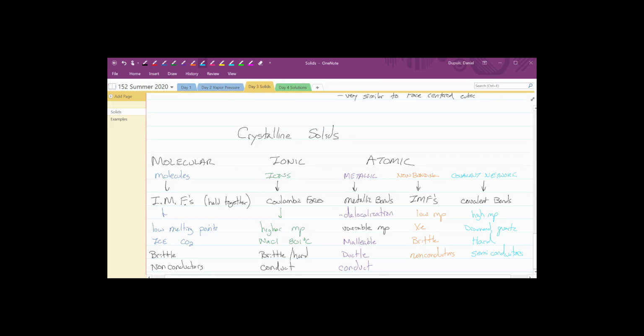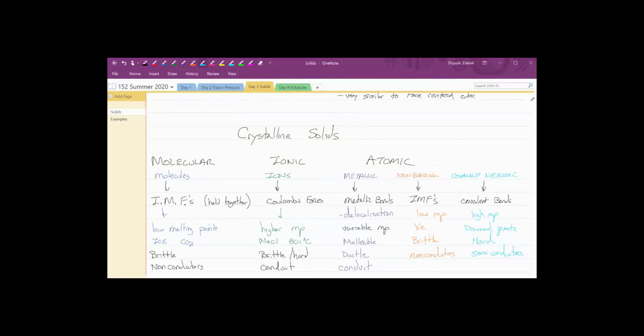These covalent networks are one of the strongest solids we can get. If you think about diamond and whatnot, there's also silicon carbide. There are some boride compounds that are pretty hard. They make covalent bonds, and they're very hard.